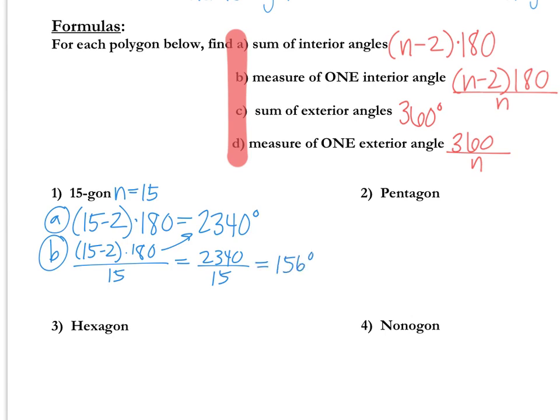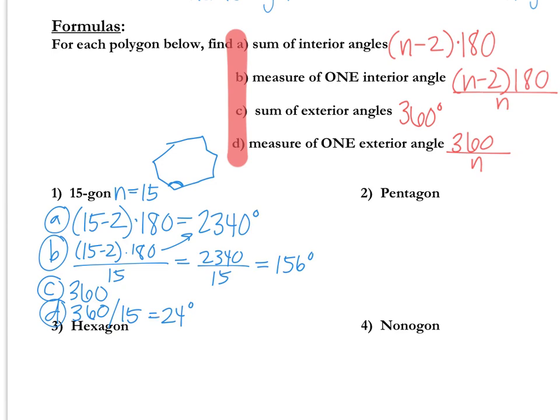So each angle inside a 15-gon, this is not an accurate drawing, but something like this, one interior angle would be 156 degrees. Then lastly we have 2 more questions. How about the sum of exterior angles of a 15-gon? Always 360. And for part D, what is the measure of one exterior angle? You take 360 divided by 15, and we get 24 degrees.